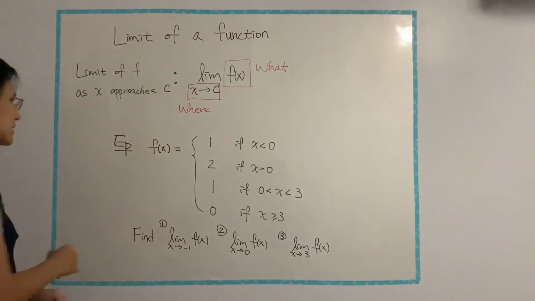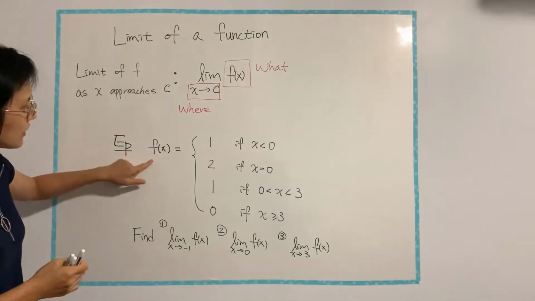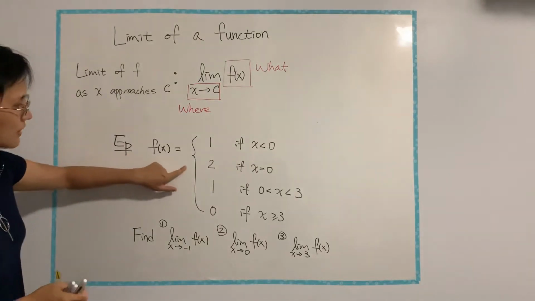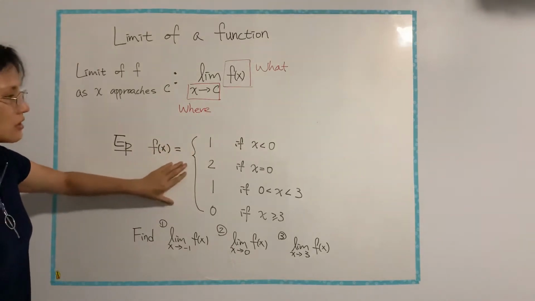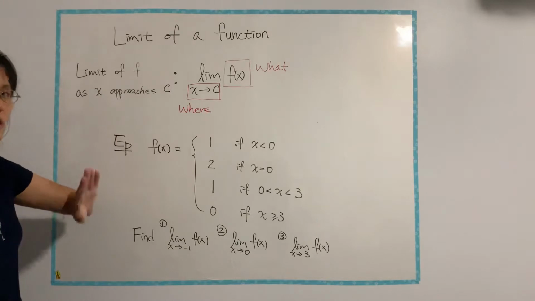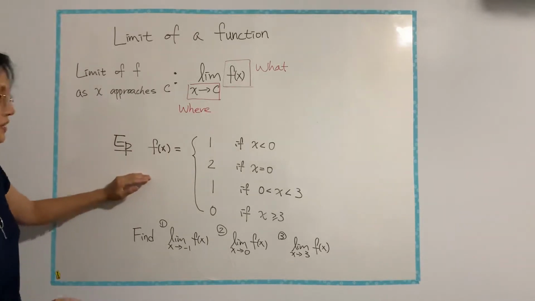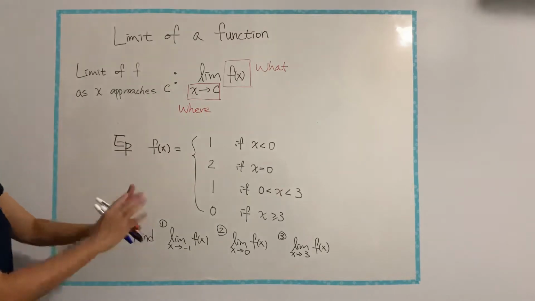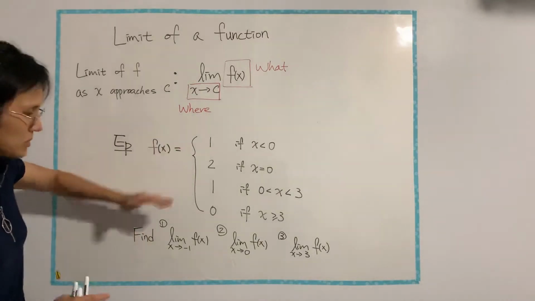Let's look at this example. I have a function f defined as a piecewise function. I know this looks a little complicated, but remember, we are patient. We are good at math, so don't freak out yet. Just keep reading.